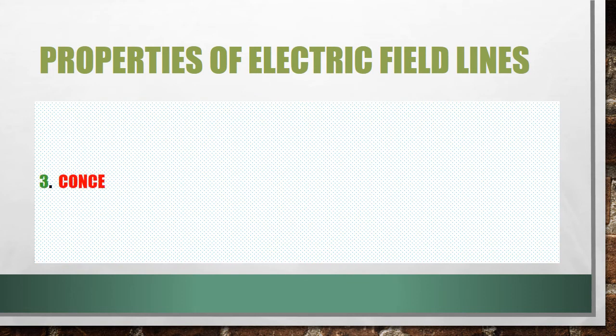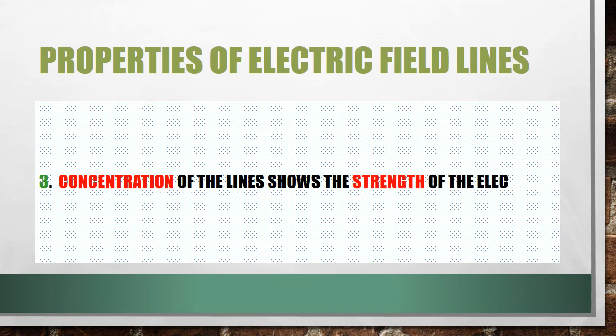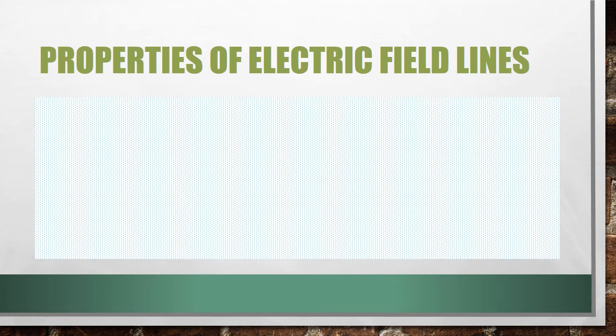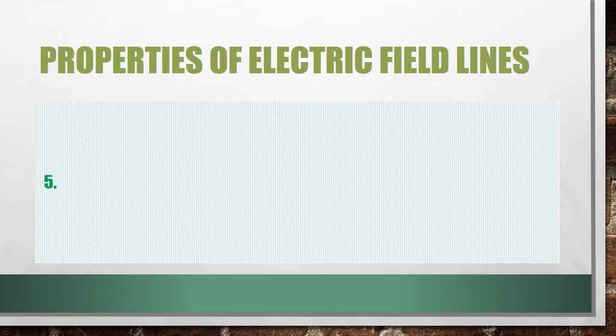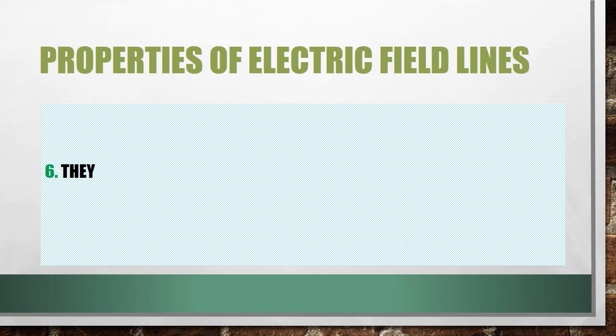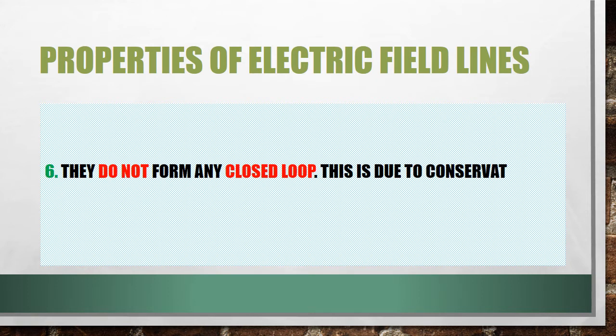Number 3, concentration of the lines shows the strength of the electric field. Number 4, in a uniform electric field, they are parallel and equally spaced. Number 5, they never intersect. They do not form any closed loop. This is due to the conservative nature of the electric field.